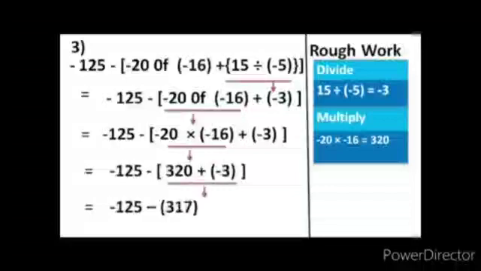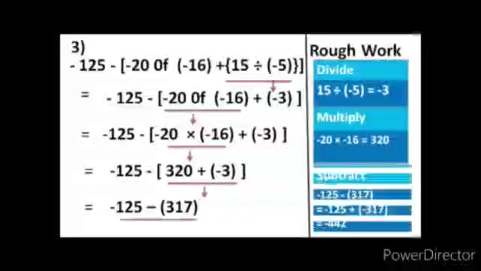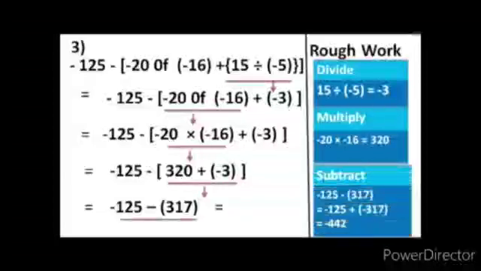At last, we get minus 125 minus 370 and the answer is, look at the rough work, minus 442. Pause the video again, note down the example and solve it in your notebook.